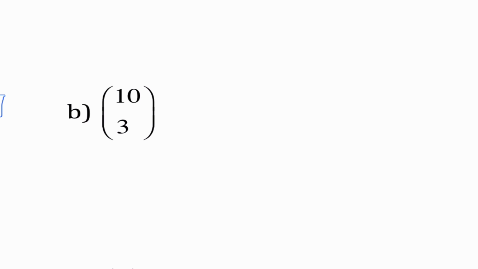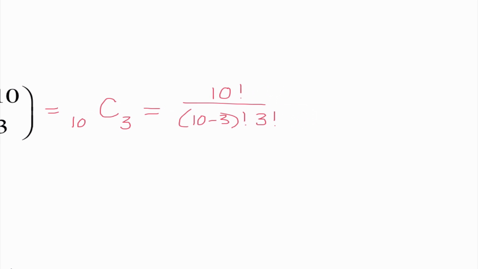Okay, for B, the first thing I'm going to do, I'm going to rewrite this as 10 combination 3, and it's going to be 10 factorial over 10 minus 3 factorial, times 3 factorial. So we can think of this as 10 factorial over 7 factorial times 3 factorial. The 10 and the 7 would cancel out to be 8 times 9 times 10.